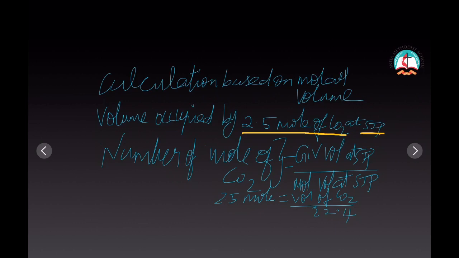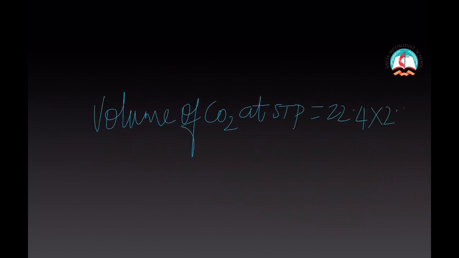So the number of moles is 2.5, which equals volume of carbon dioxide divided by 22.4. We are going to find the volume, so molar volume into number of moles, that is 22.4 into 2.5, is equal to 56 liters. So 56 liters will be the volume of carbon dioxide at STP.